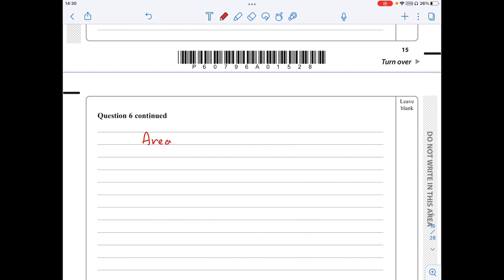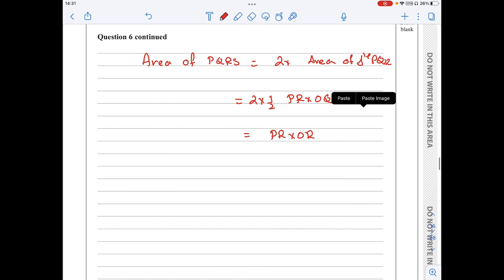So the area of PQRS will be 2 times the area of triangle PQR. 2 times 1 upon 2 times base PR and height OQ. So the 2 cancels, PR times OQ. What is the distance from P to R?